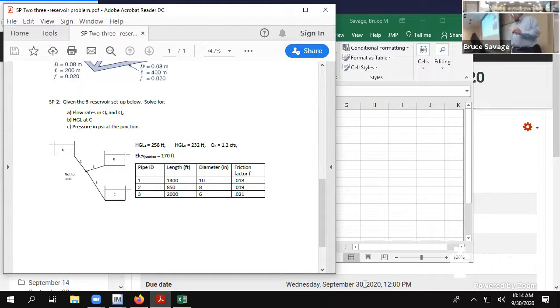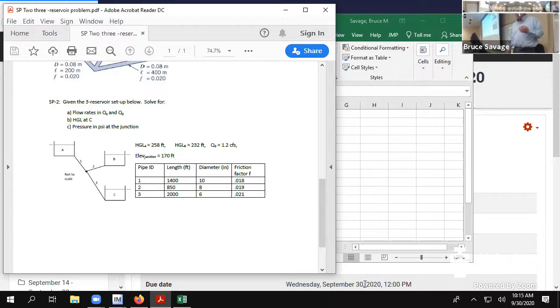Unless, Scott, I mean, you're exactly correct, unless the head loss is in the other direction. Yeah, and I assumed that it was going down towards C after calculating that as opposed to coming back from C towards the junction. But yeah, that's the opposite direction. So you are absolutely correct.